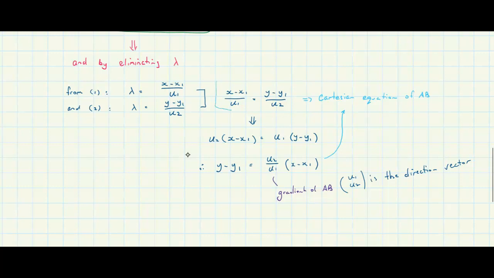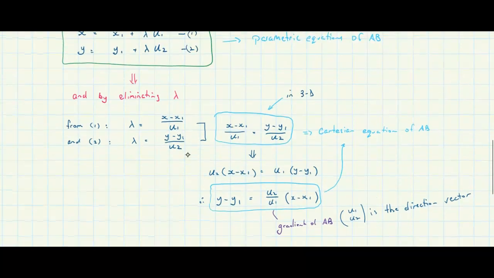Now, when it comes to writing in 3D, we just stick with this format here. So in 3D, we end up with x minus x1 over u1, which equals y minus y1 over u2, which equals z minus z1 over u3.